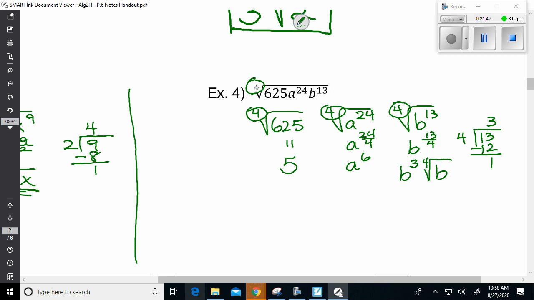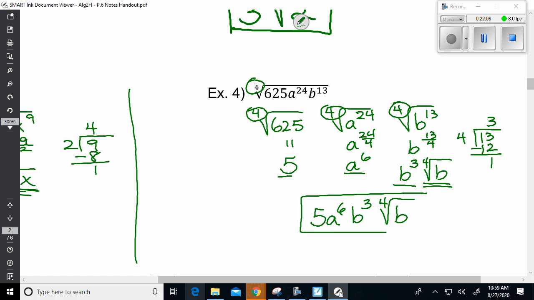So now we take everything and put it together. So everything that's out stays out. Everything that's in stays in. If it's out, it stays out. If it's in, it stays in.